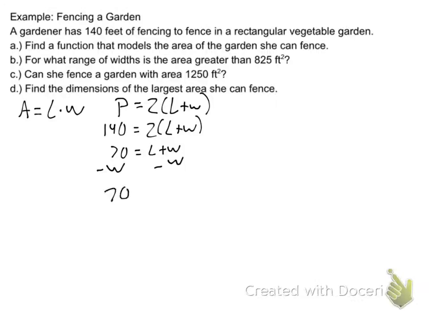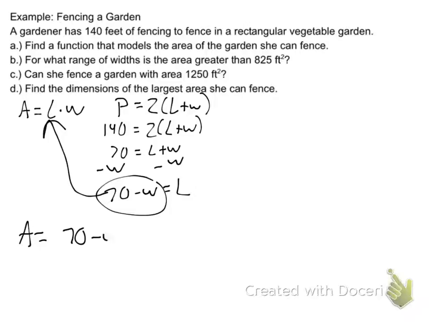I'm going to say 70 minus W equals L. I'm going to get rid of the L's because all the L's are equal to 70 minus W. So, I'm going to place this there. So area is equal to 70 minus W times W. Wait a minute. What is that thing?